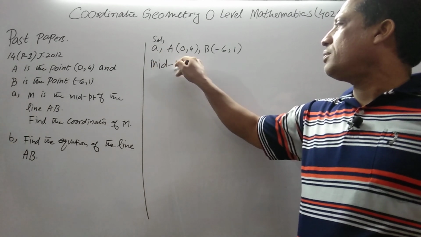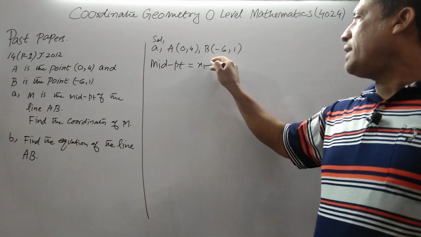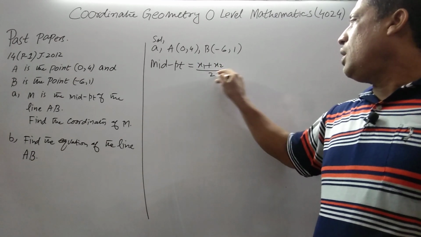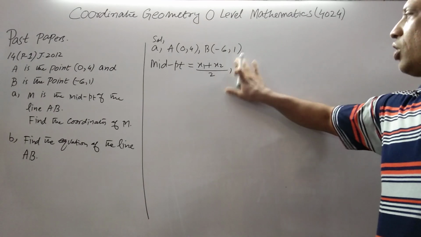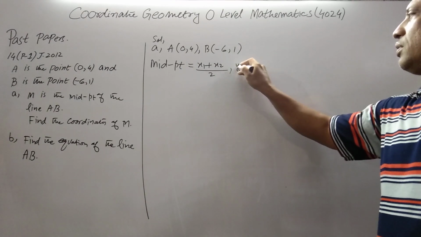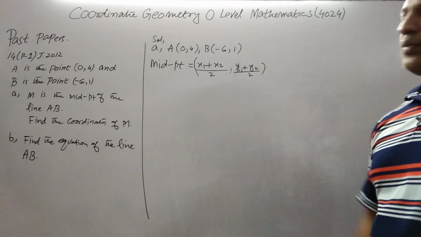Midpoint is equal to (x1 plus x2 over 2, comma, y1 plus y2 over 2).